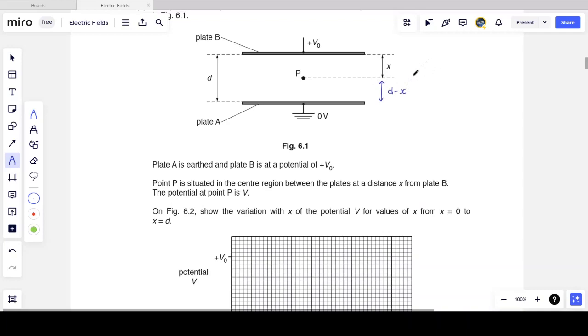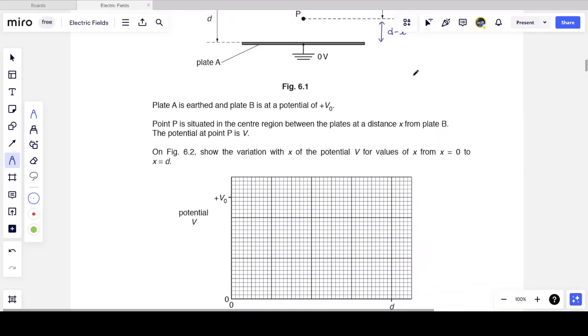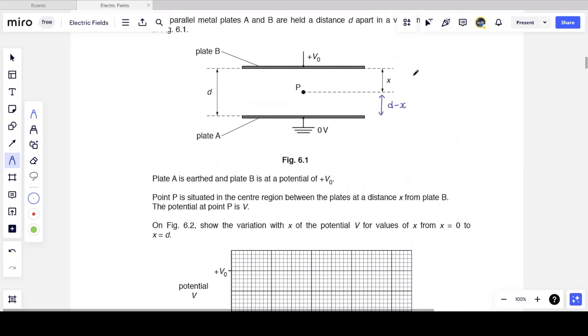Before I even go to draw a graph of potential against distance for two parallel plates, what I know is that the electric field strength is constant. When I have an electric field set up between two parallel plates, one being positive and the other being negative, the electric field strength is constant, and in this case it'll be V over d minus x.